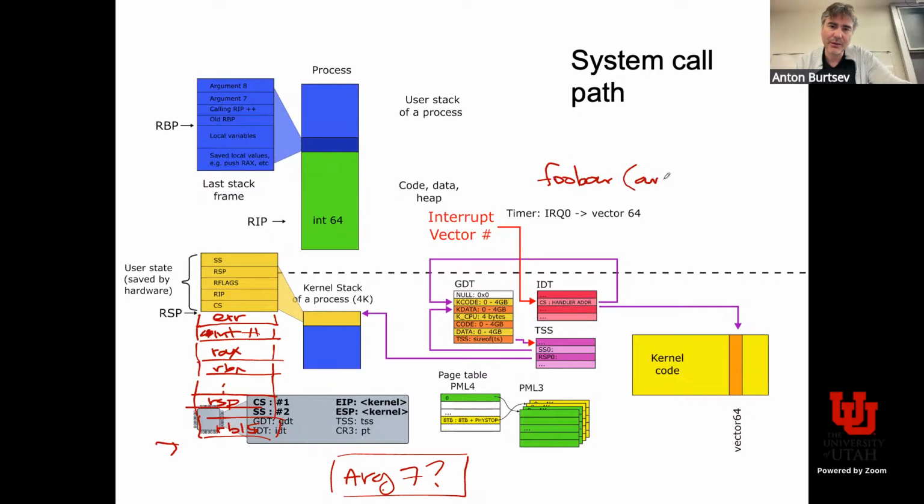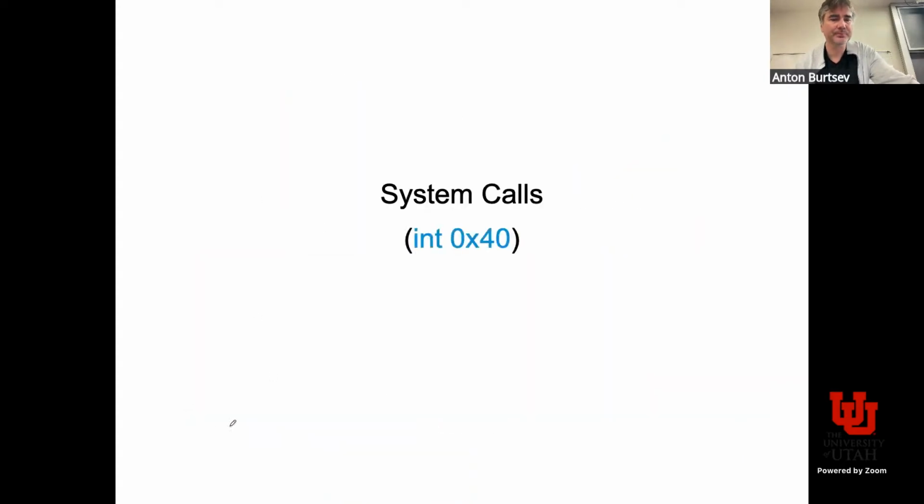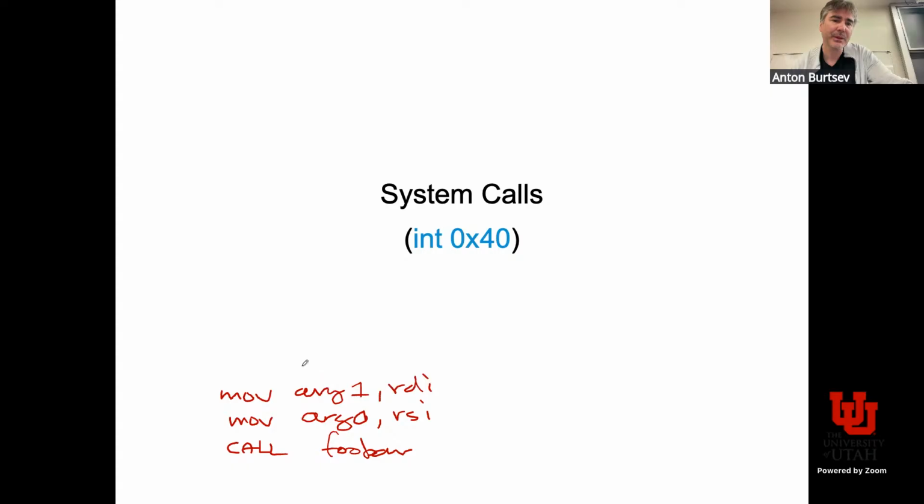Let me just erase everything right here. And imagine we have foobar, and it takes arg0, arg1, and so on up until arg6, which is the seventh. When you generate the call site invocation for this, just for the sake of example, call foobar: you will move arg0 into RDI, the compiler will generate this code, arg1 into RSI, and so on.